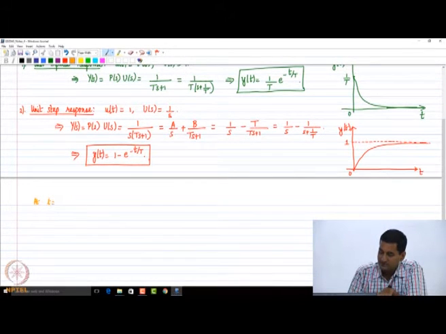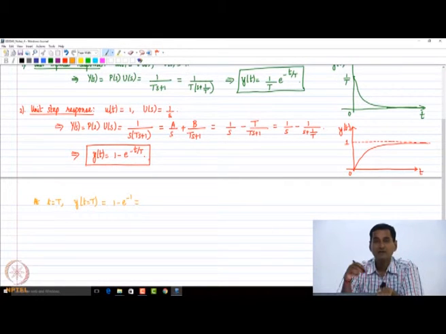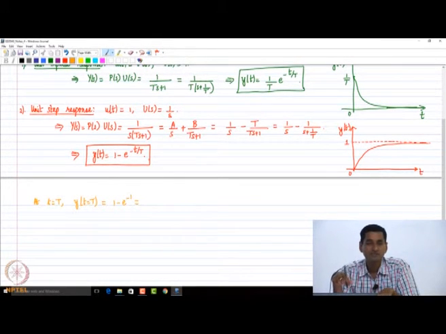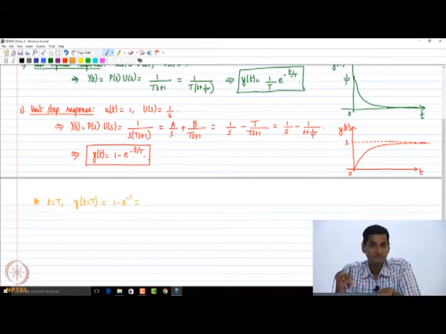Immediately we can observe that at t equals capital T, y of t is going to be equal to 1 minus e power minus 1. Can you calculate and tell me what is 1 minus e power minus 1? Please do the calculation and tell me.